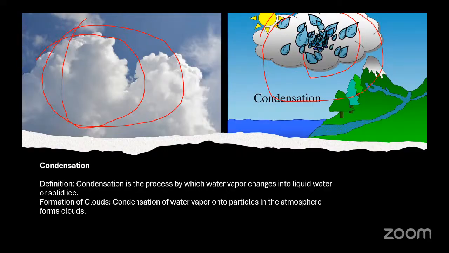So the definition: condensation is the process by which water vapor changes into liquid water or solid ice. Formation of clouds: condensation of water vapor onto particles in the atmosphere forms clouds. So this is the formation of clouds.